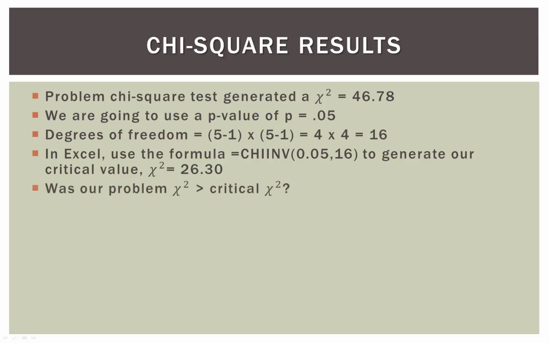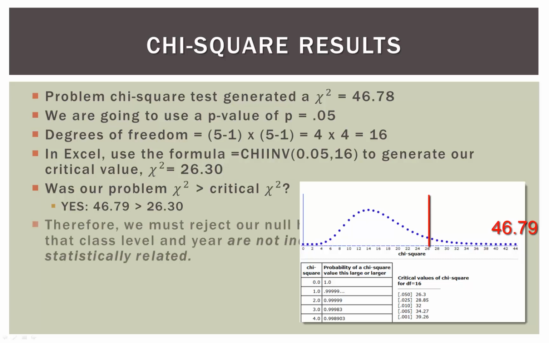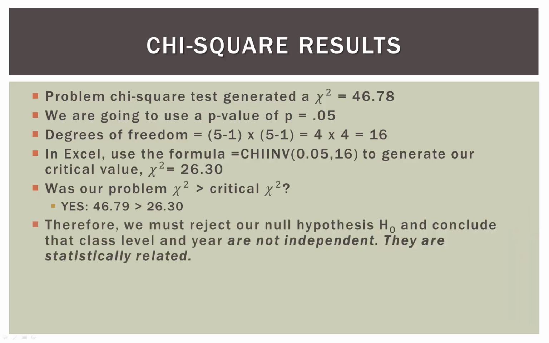Now, was our problem chi-square greater than our critical chi-square? Well, yes, it's 46.79, which is greater than our critical chi-square of 26.30. So therefore, we must reject our null hypothesis and conclude that class level and year are not independent.